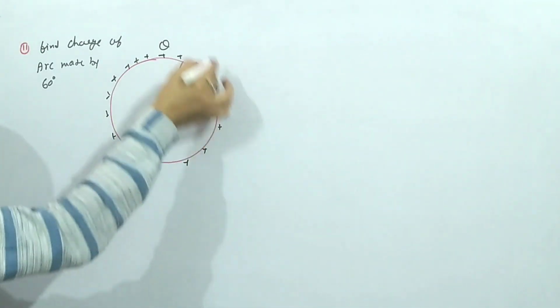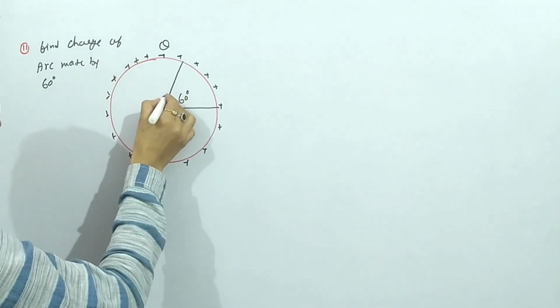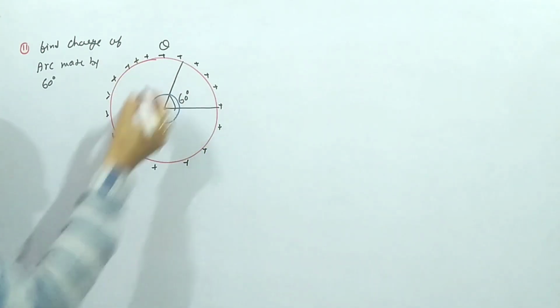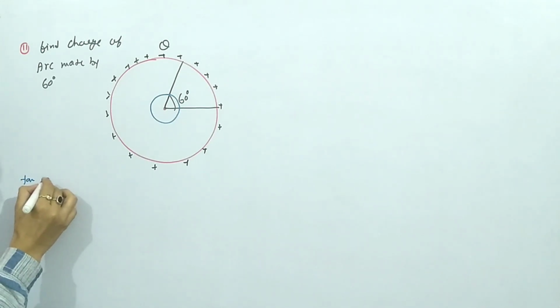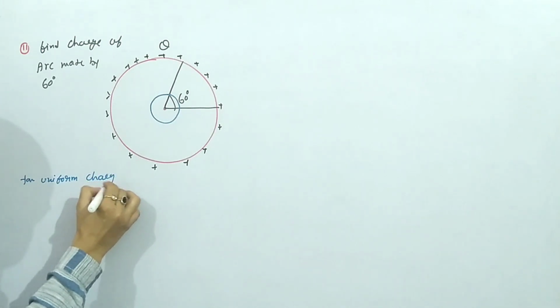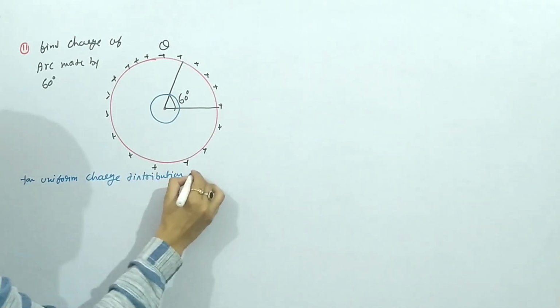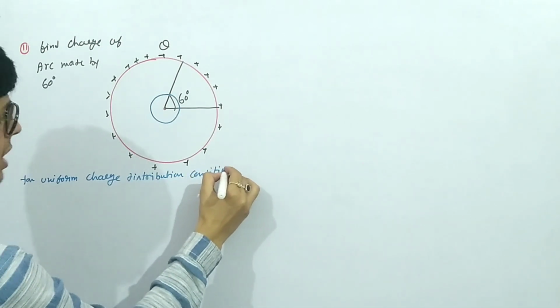See, the total charge of this ring is Q, and the total angle is 360. This is the condition for uniform charge distribution.